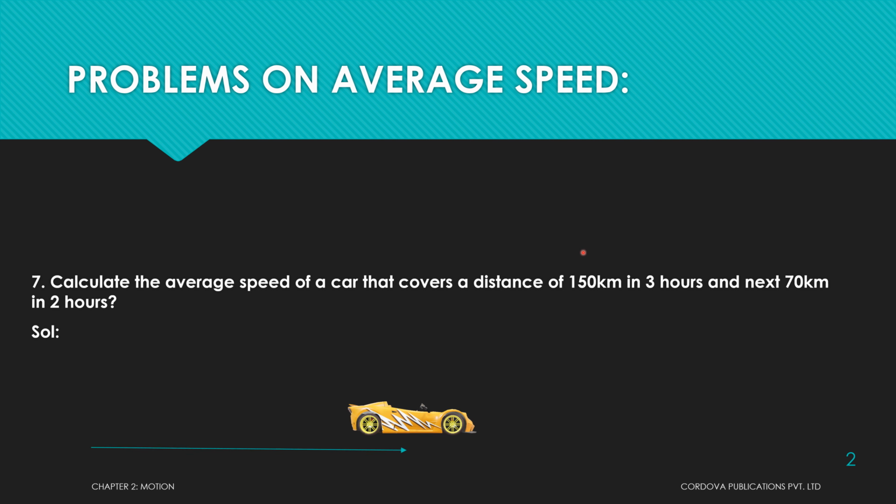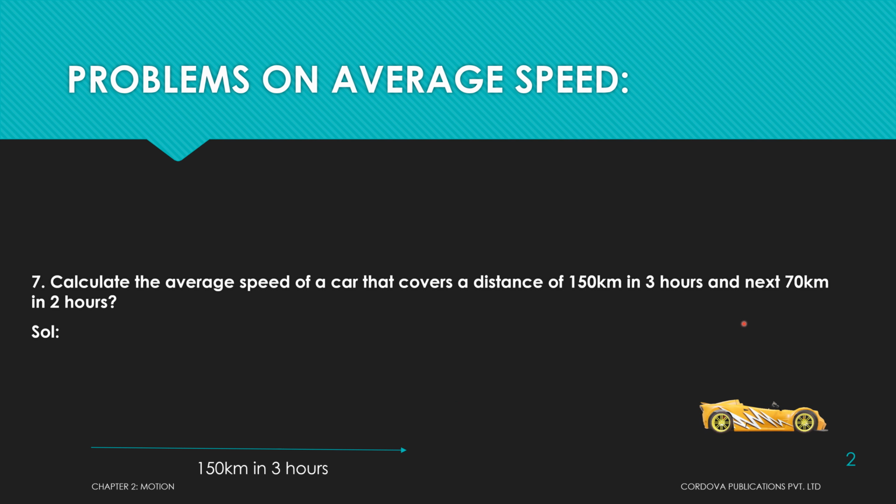It took 3 hours to cover a distance of 150 kilometer, and next it traveled for another 70 kilometer. 70 kilometers traveled from here to here in 2 hours, and they are asking us to calculate the average speed of the car throughout this distance, right? What was the average speed that the car took for traveling from one place to another place, right?